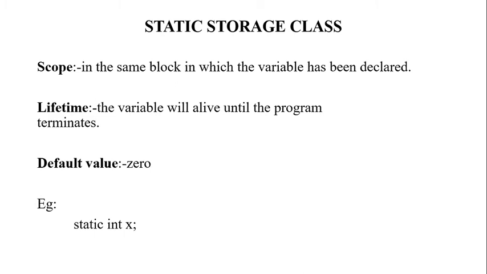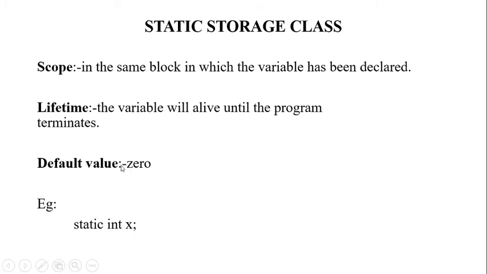And the lifetime of a static storage class variable is until the program terminates. So throughout the entire program, the static variable will exist. That is the difference between automatic variable and static variable.